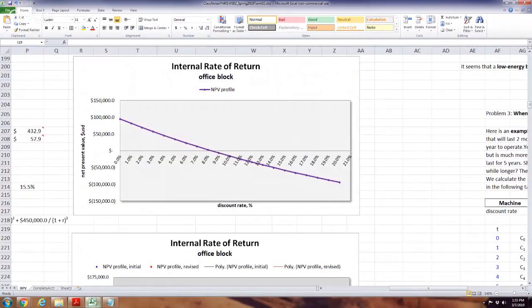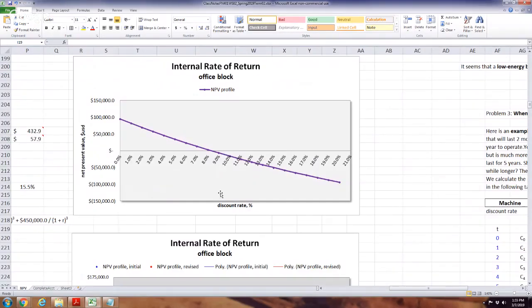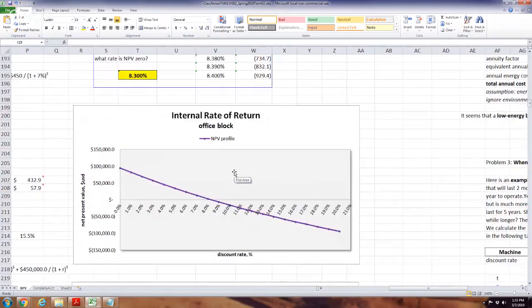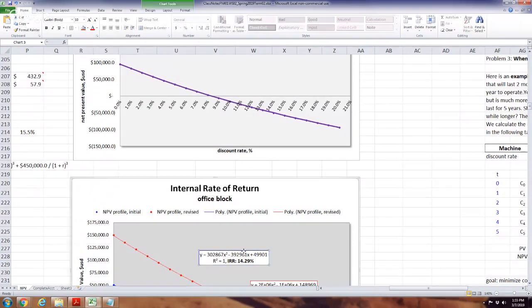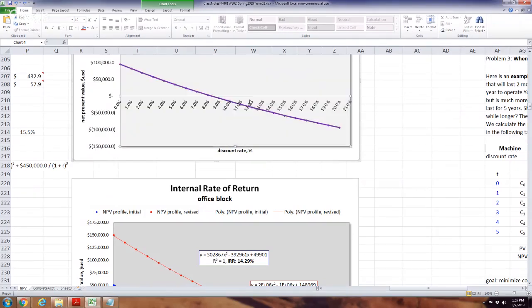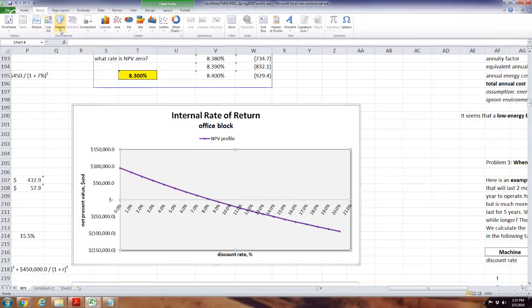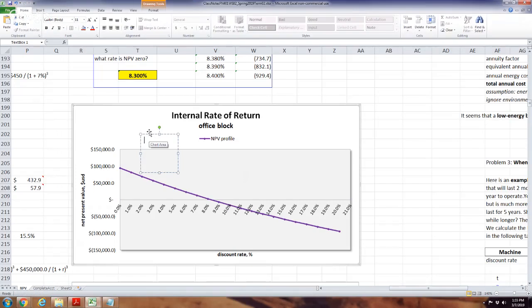NPV profile. Okay, and here we'll do this. We're going to click on this thing, copy, paste, undo. That didn't work. I was trying to make the work a little quicker by doing it like that. It didn't help. So there's the box right there.